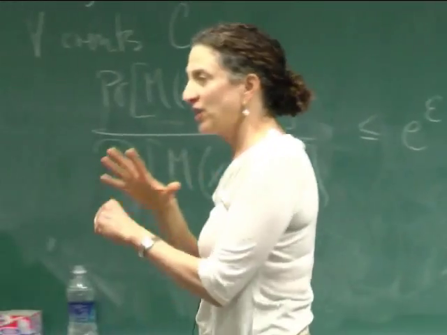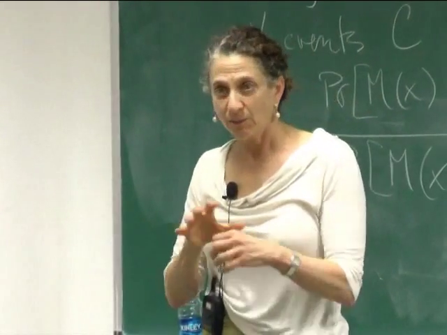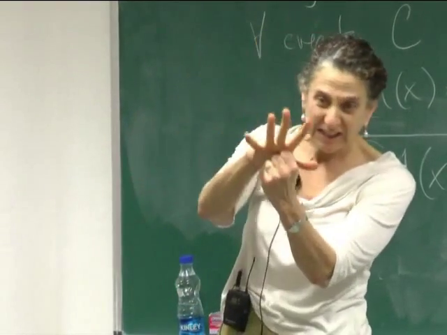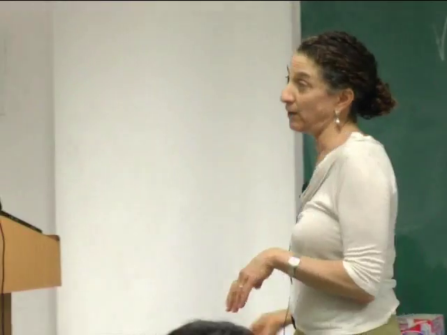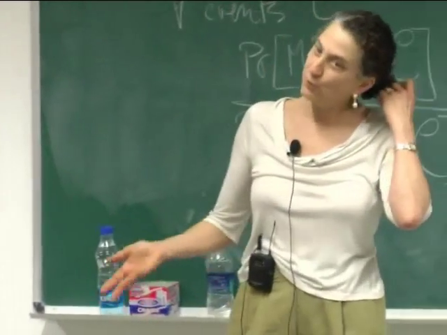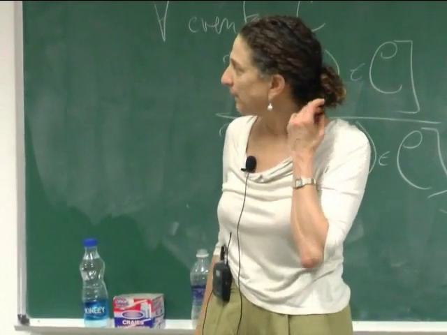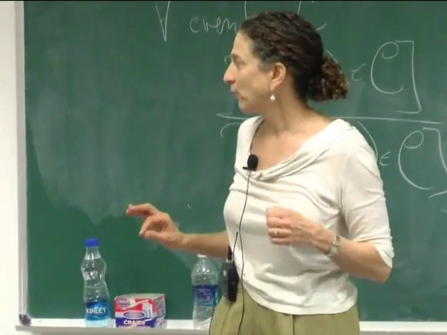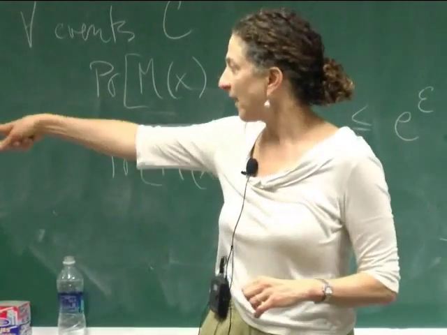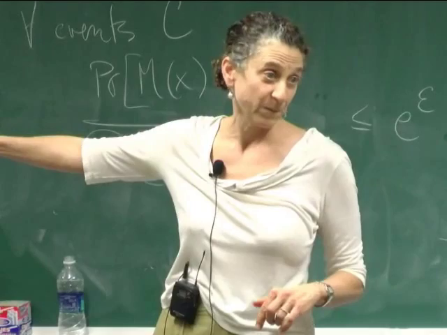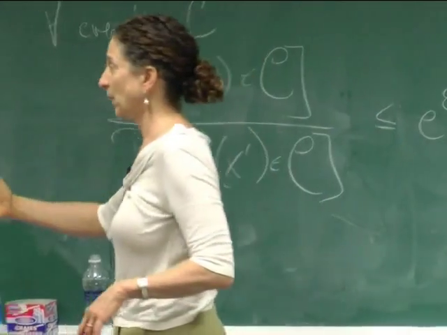When the intersection is actually of size n, that is, when the database is completely contained in the query, we should get an answer that looks something like n. Doesn't have to be exactly n, but it shouldn't look like n over 2 or 0. So that's a requirement from accuracy. And if we think about these as fractional queries, then instead of having an n there, we'll have a 1.